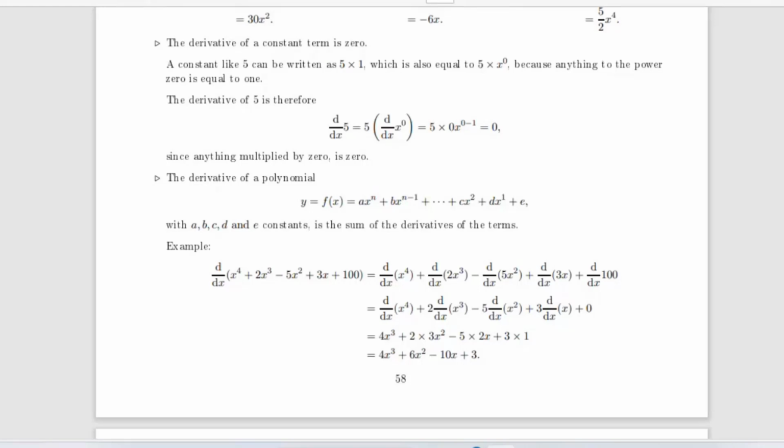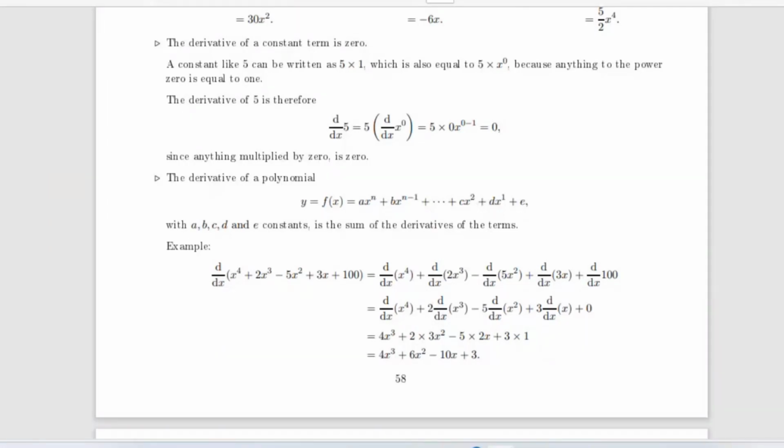Now, all of you, do you agree with this third step of saying the derivative of x to the power 4 is 4x cubed. The derivative of 2 times x cubed is 2 times 3x to the power 2.